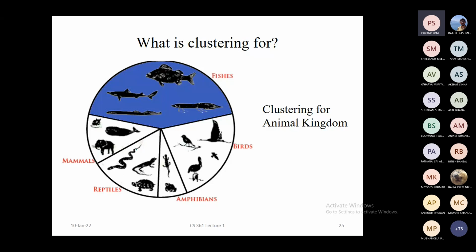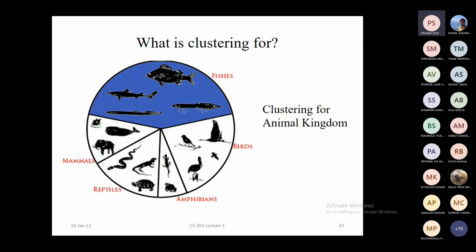Here, how are you differentiating? Fishes are underwater, birds can fly, amphibians, like frogs, live both in water and on land. Then reptiles have a typical walking pattern. Mammals are, for example, humans and other mammals.